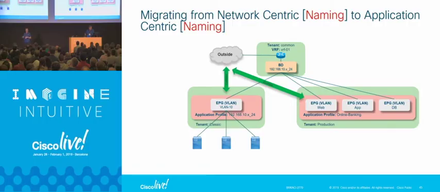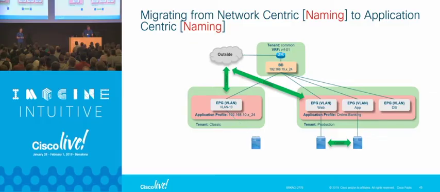On the right, I've split it into web, app and DB. And all I need to do is move the servers across. That's it. Put the contracts in place, reattach the servers to the different VLAN or to the different port group, and that's it. I've now moved from network-centric to application-centric. That's the extent of the change that I need to do on the network.